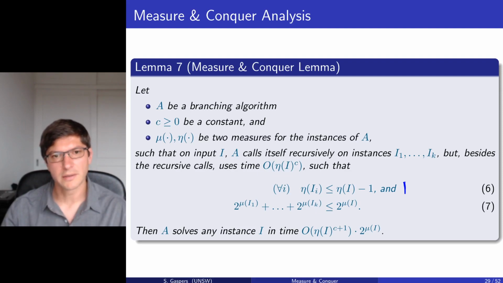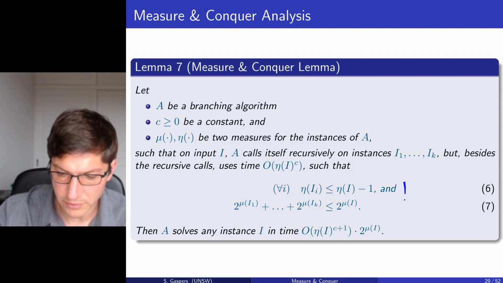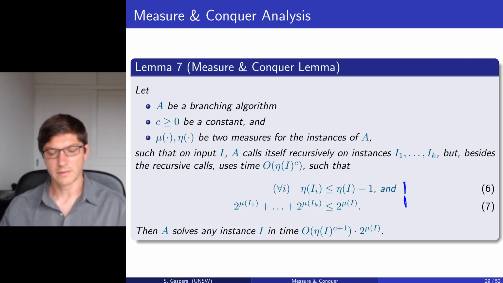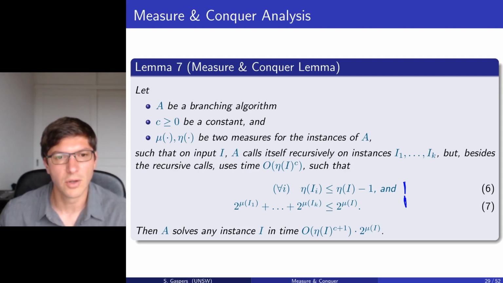So the crucial part is now mu, because that allows us to upper bound the number of leaves of the search tree. And here we have the same kind of constraint as before. The sum of 2 to the power mu of the sub-instances is at most 2 to the power mu of the instance.